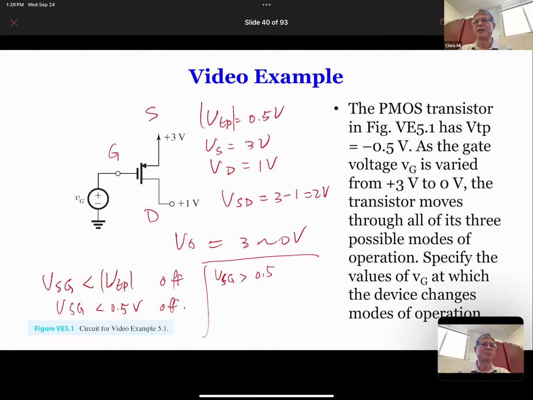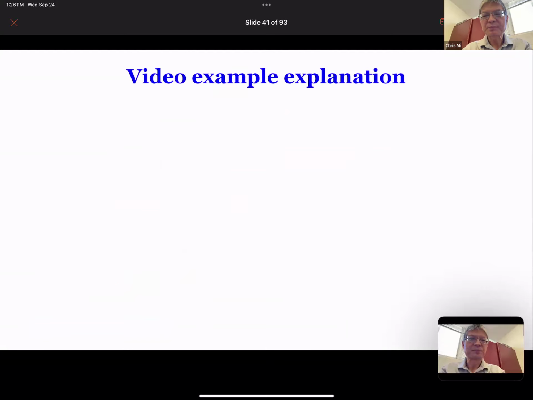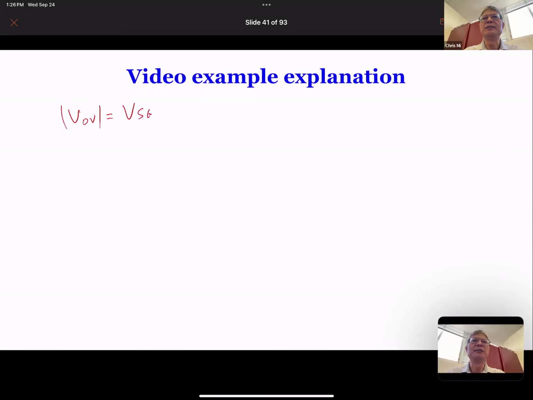Now we need to use the expression that we have developed on the previous slide, that we need to know at what condition would it be in triode mode and what condition would it be in saturation mode. Now we need to find what is VOV. So VOV is going to be VSG minus VTP.